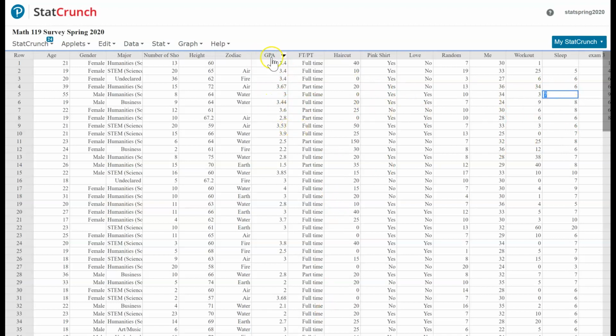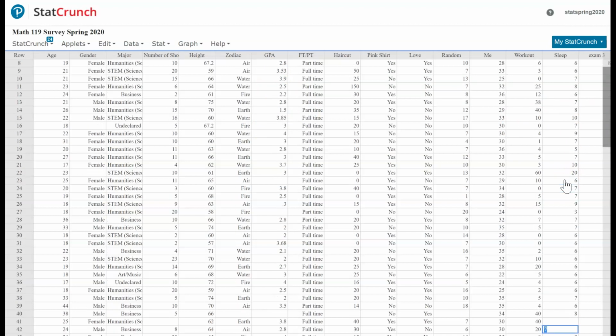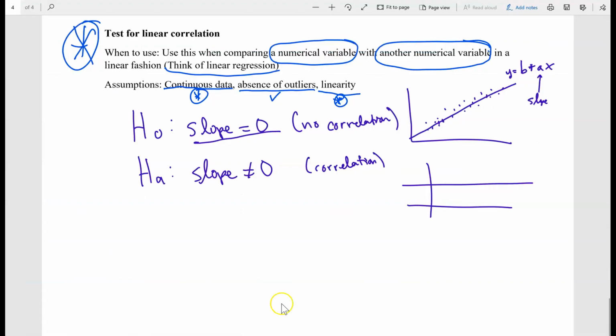Already, GPA is continuous, which is good, but sleep, you can see that sleep is discrete. Okay, you have discrete numbers. So when you think about your assumptions in terms of continuous data, it is questionable because sleep is discrete. So I don't know. Okay, it's going to look really funky.